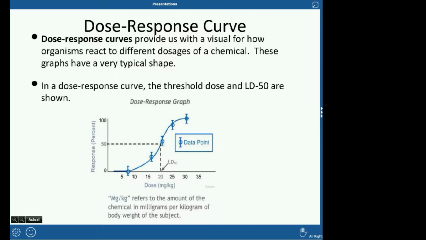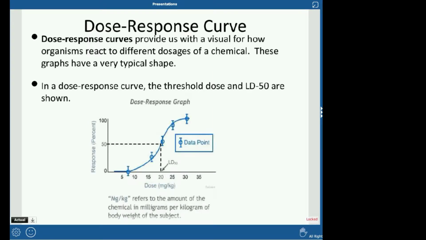And with these, we can create what they call a dose response curve. This gives us a visual for how organisms react to doses of a chemical. These curves tend to have a very typical shape, and in here you can see the threshold dose and the LD50. Your threshold dose is going to be right here at the bottom, when you start actually having some sort of effect.